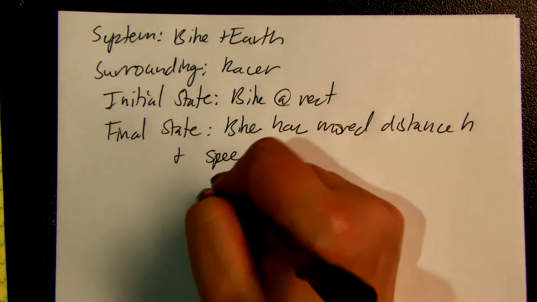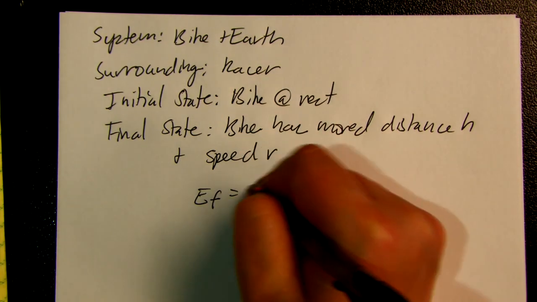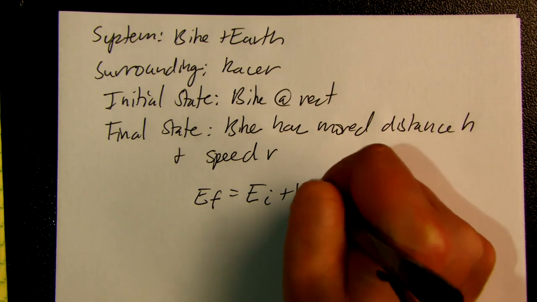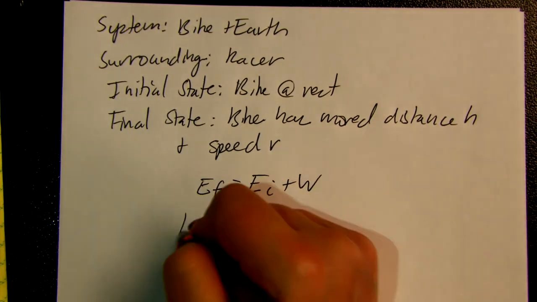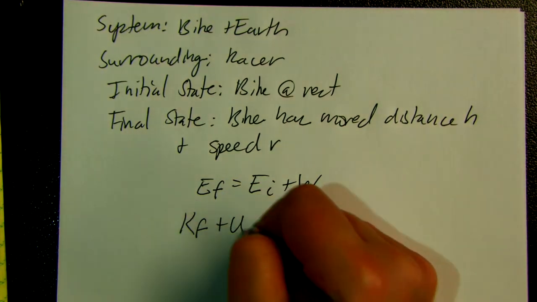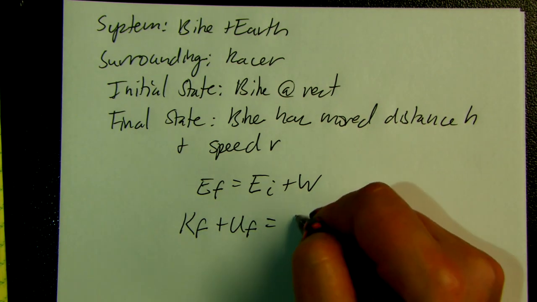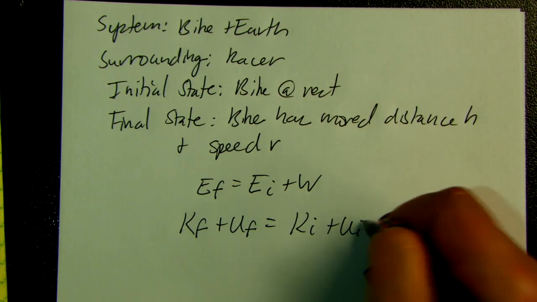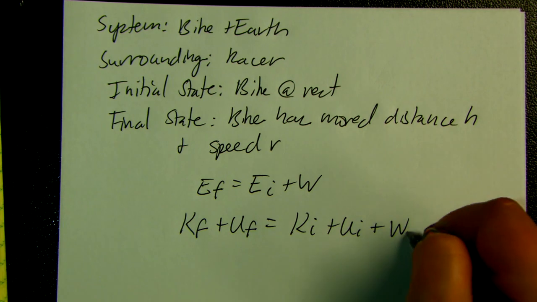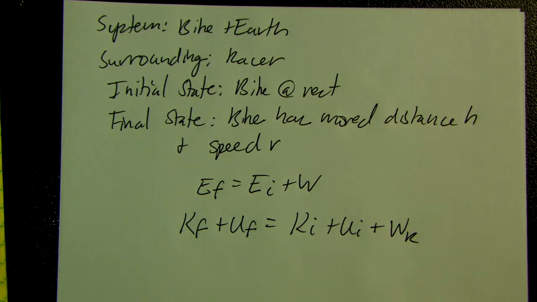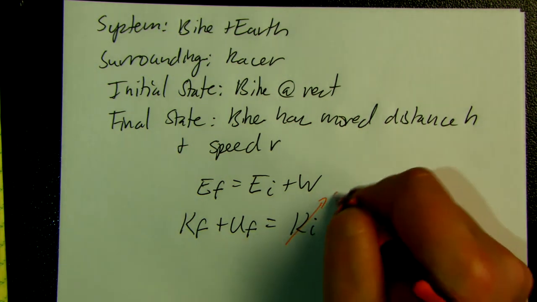All right, so once again, our final energy is equal to our initial energy plus work done: the kinetic energy final plus the potential energy final is equal to kinetic energy initial plus potential energy initial plus work, which is going to come from the racer. So let's find some zeros. Starts at rest, there's a 0.